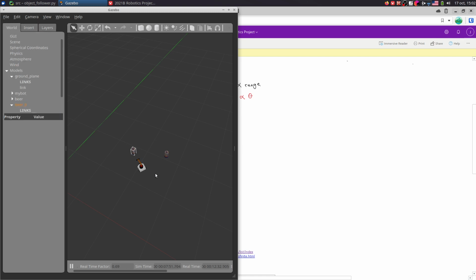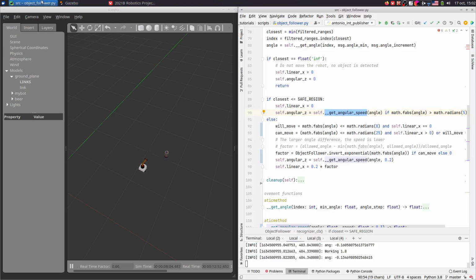For example, the robot moves in a counterclockwise direction. Let's see that our robot can also move in the clockwise direction, because this object disappeared. The closest one is the other beer that we have.